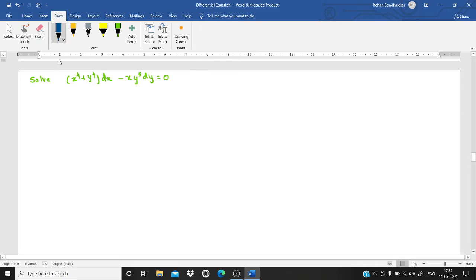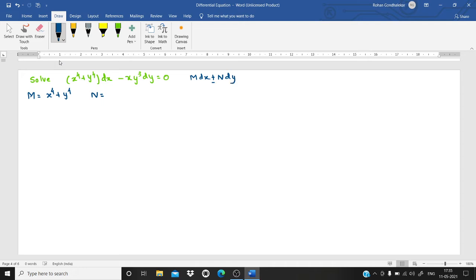Okay. Now in this, what is M? The M is clear, that is x raised to 4 plus y raised to 4. What is N? See, in a differential equation of this type, the form is M dx plus N dy. There has to be a plus sign outside of the N. But here, what is the sign you have? Minus. So what we do? We give the minus sign to the N. Clear?